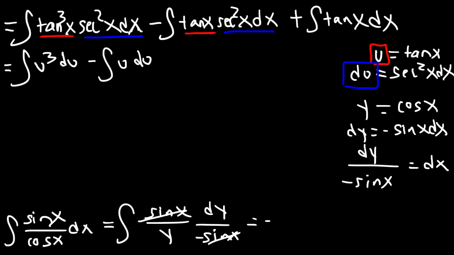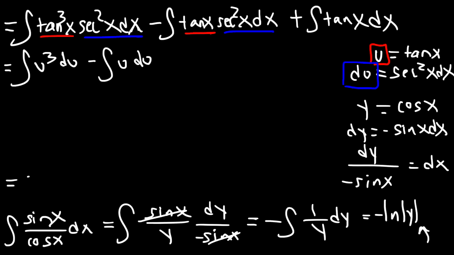So we have negative integral 1 over y dy, which will give us negative natural log of y plus c. And then y is cosine, so this becomes negative ln cosine of x. And then we need to distribute the negative 1 sign to cosine.